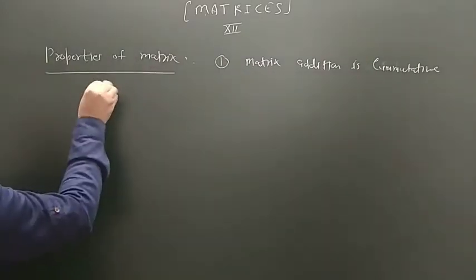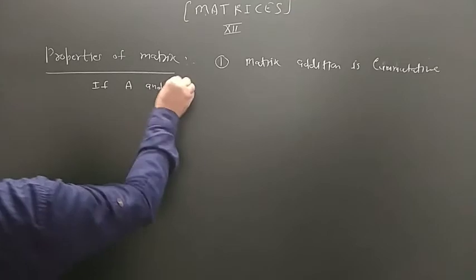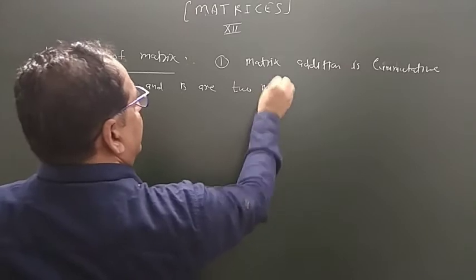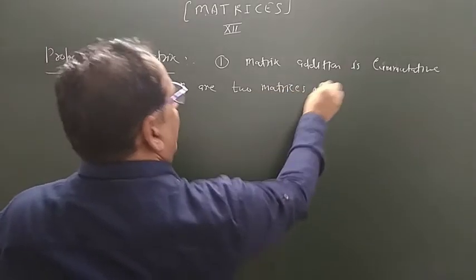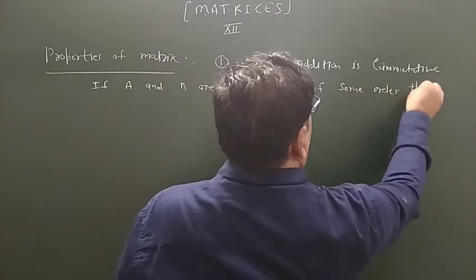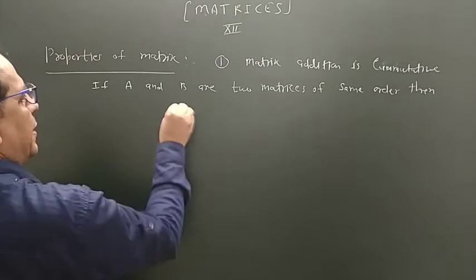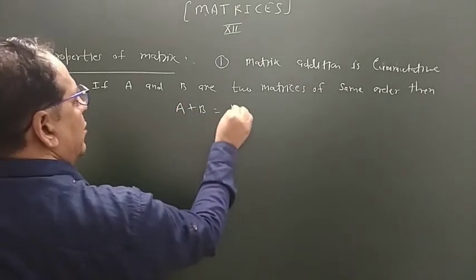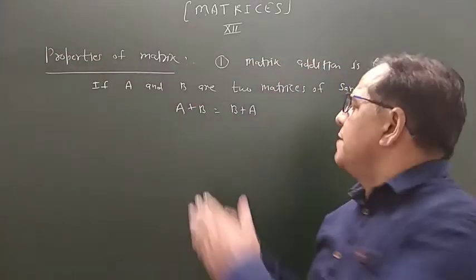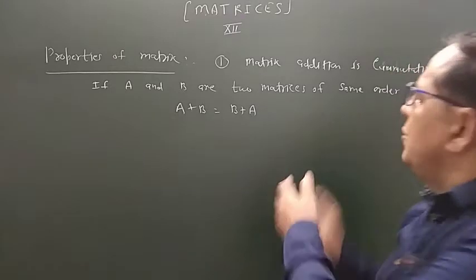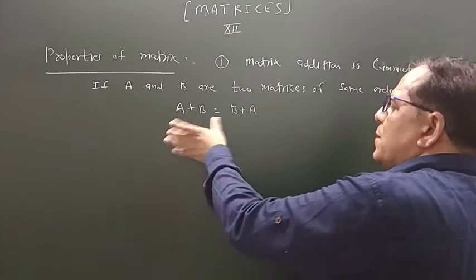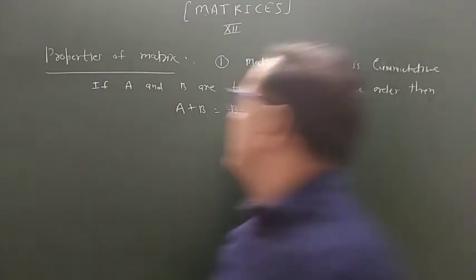If A and B are two matrices of the same order, then A plus B equal to B plus A. This shows that matrix addition follows the commutative law. That means if two matrices are given, then we can find A plus B and also B plus A, and both give the same matrix.